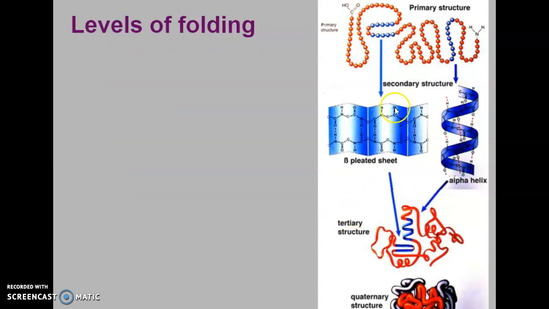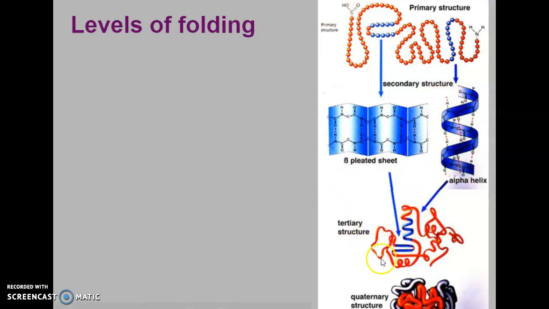All right, so the folding basically goes like this. The amino acid chain is referred to as the primary structure, just a line of amino acids. Sometimes they'll start folding with each other, touching each other in two different forms. So the secondary structure will either be this beta pleated sheet, very spread apart, or this alpha helix, which is just a single helical structure.